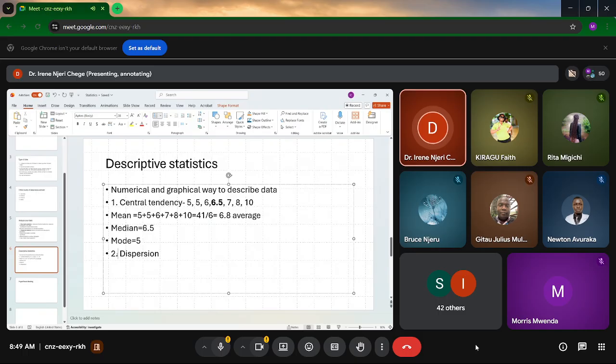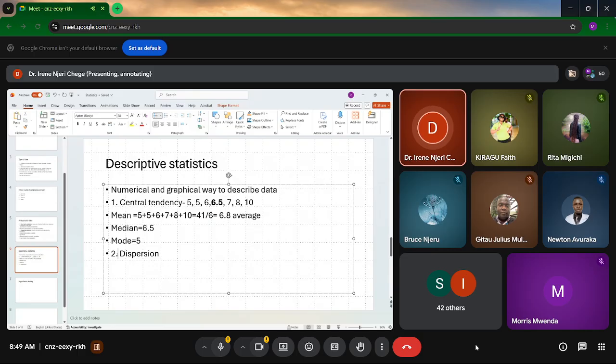It is the most common measure of spread. It is the measure of how far your data will deviate from the mean value.